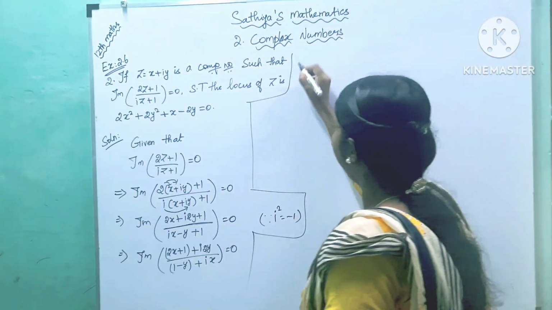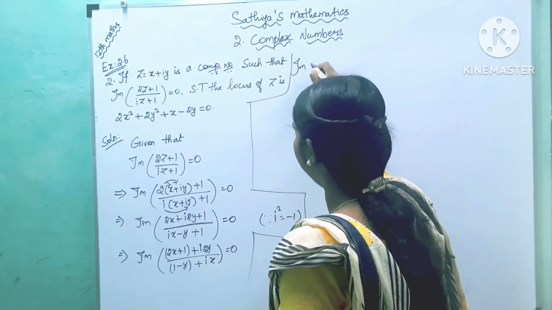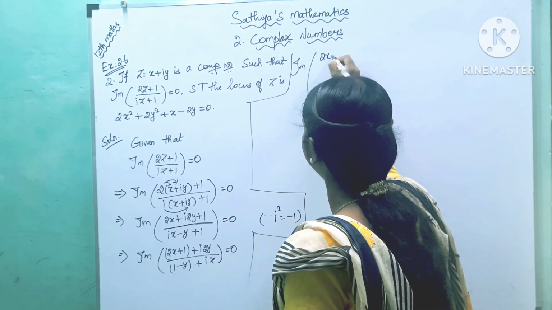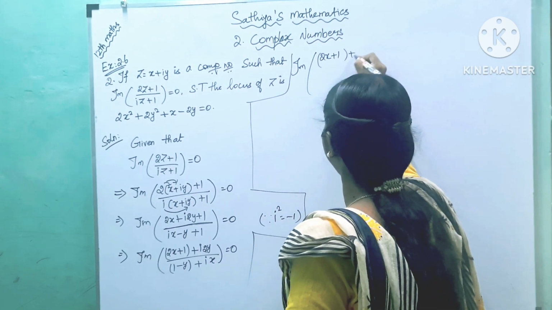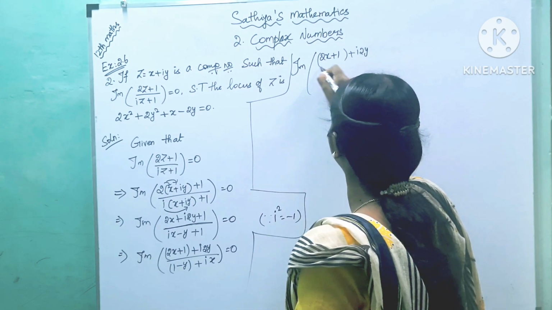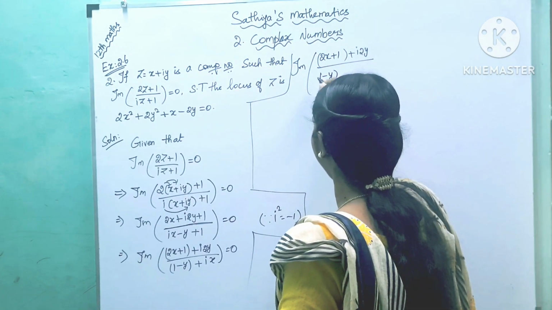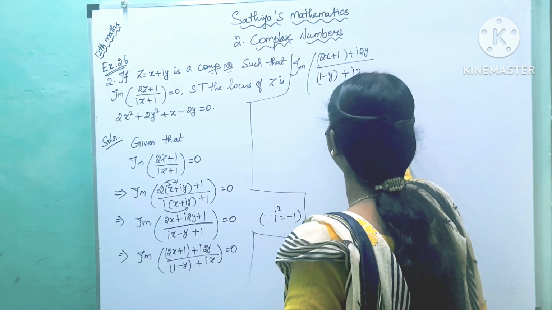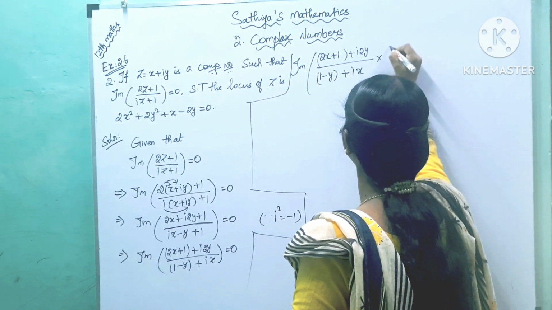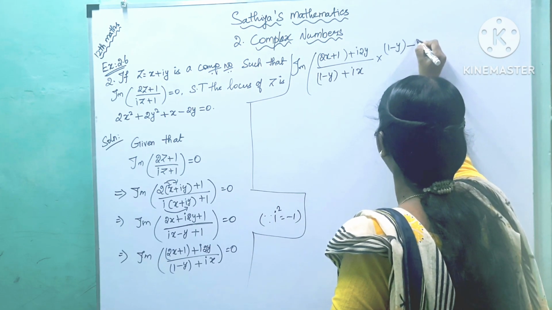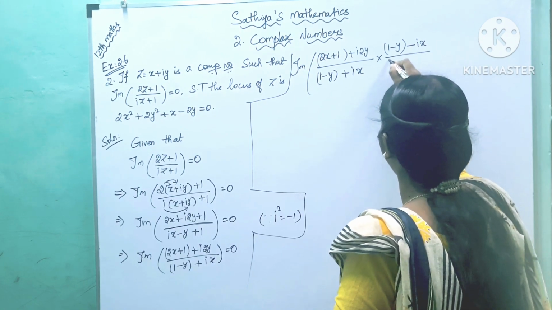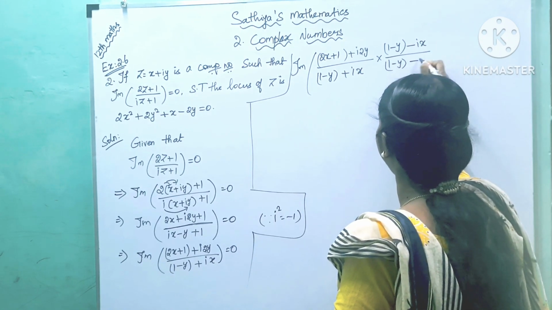So multiply and divide by the conjugate of the denominator. So imaginary part of 2x plus 1 plus i into 2y divided by 1 minus y plus ix. The conjugate of the denominator is 1 minus y minus ix. So multiply and divide by 1 minus y minus ix.